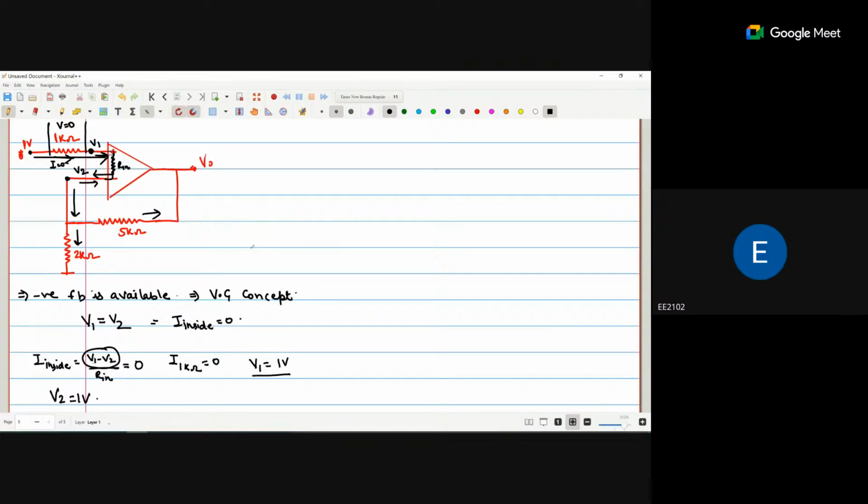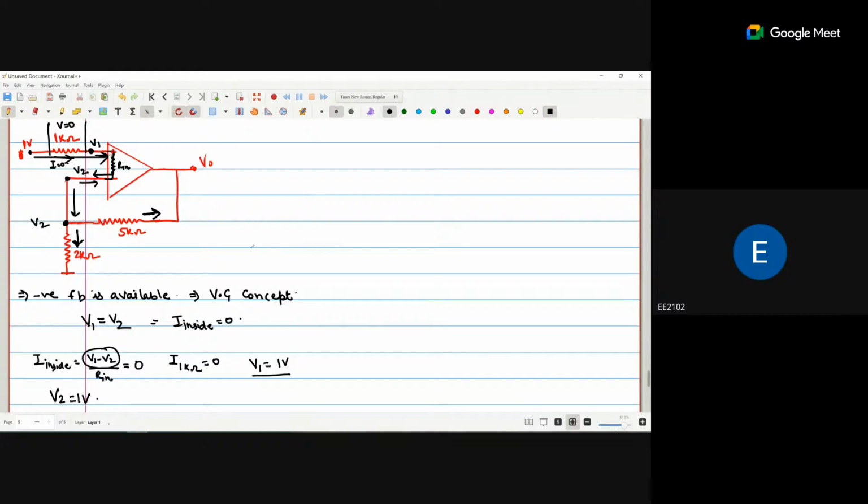Or we say that if the V2 point and this point are shorted, then this point voltage is also V2. From V2, one current will be going into the ground and one current will be going towards V out.